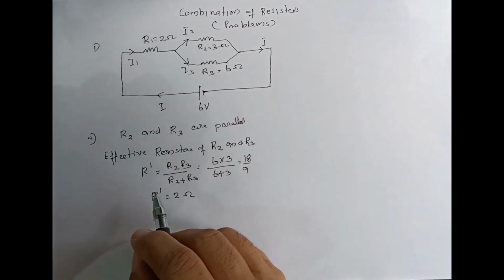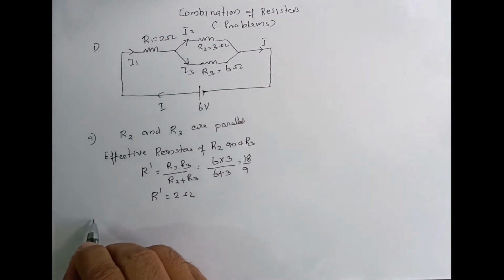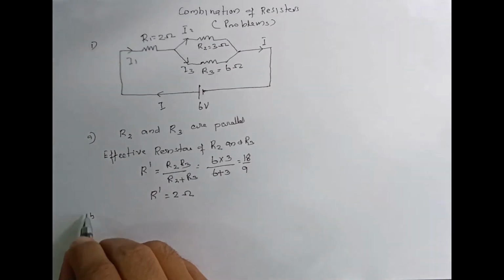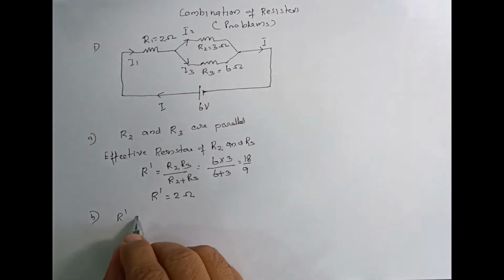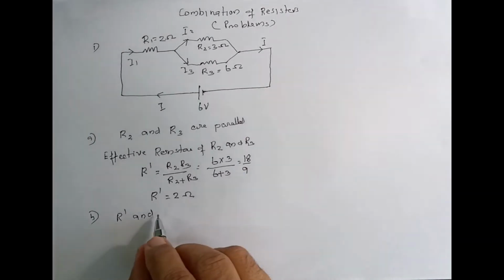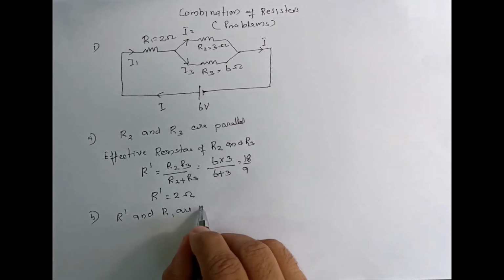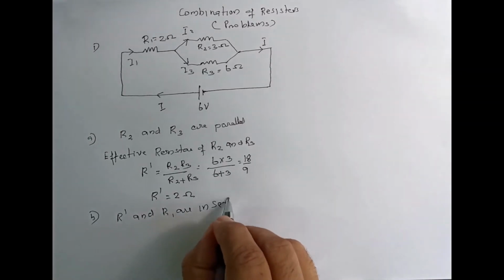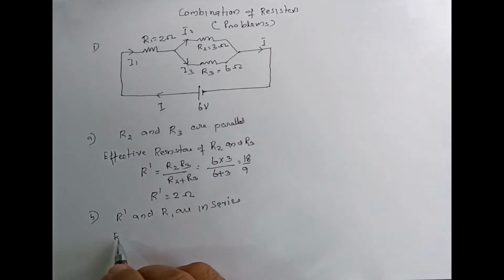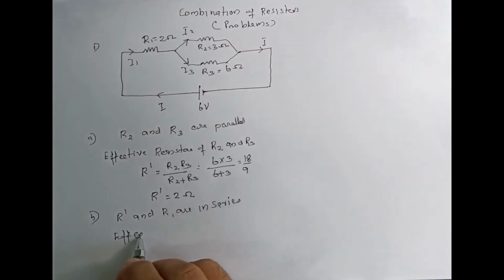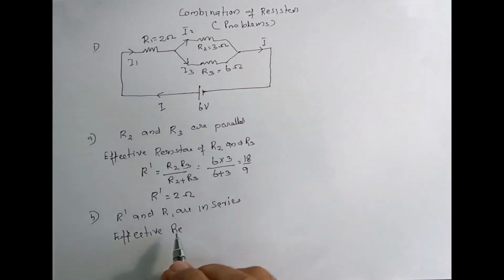Now R dash and R1 are in series. So you can find out the effective resistance of that.